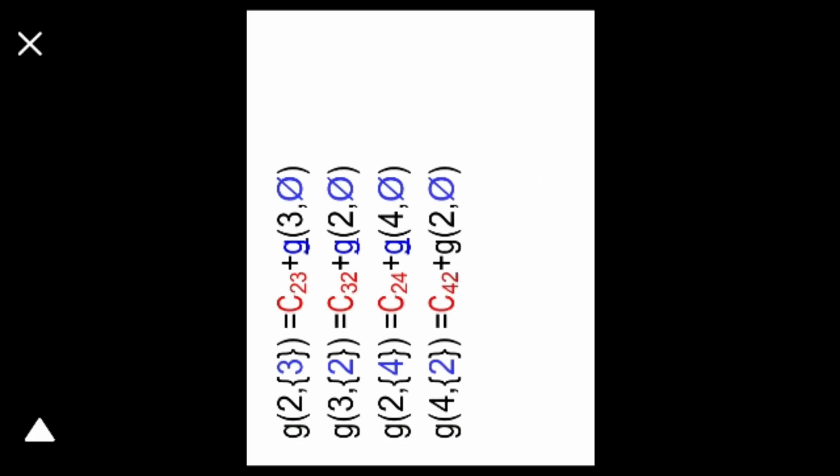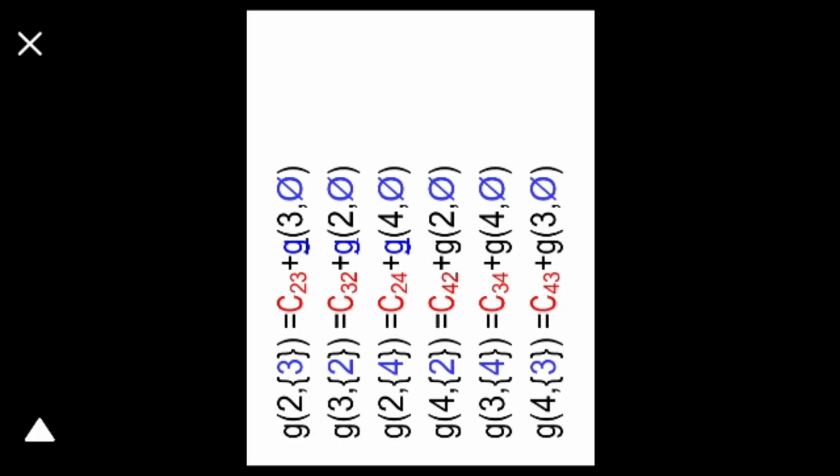Similarly, G of 3 2 is C32 plus G of 2 to null. G of 2 4 means from 2 I need to reach 4, that is the direct edge C24 plus G of 4 to null. Similarly, 4 to 2 is C42 plus G of 2 to 5. G of 3 4 is C34 plus G of 4 to null.